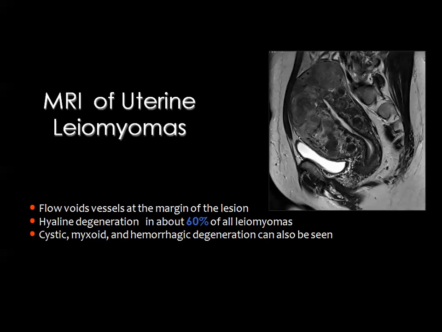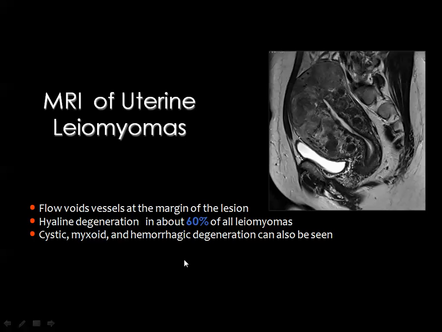Uterine fibroids may show some signal void vessels at the margin of the lesion because they are vascular lesions. They may undergo hyaline degeneration or cystic degeneration or hemorrhagic degeneration, myxoid degeneration.